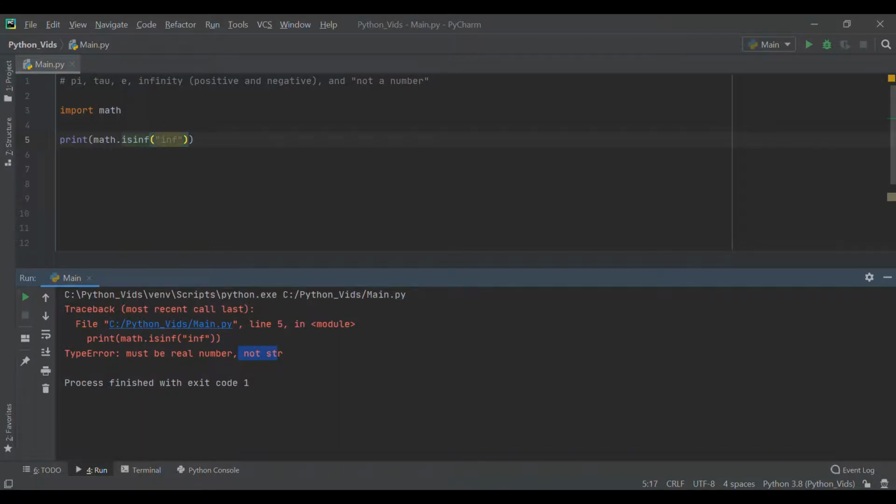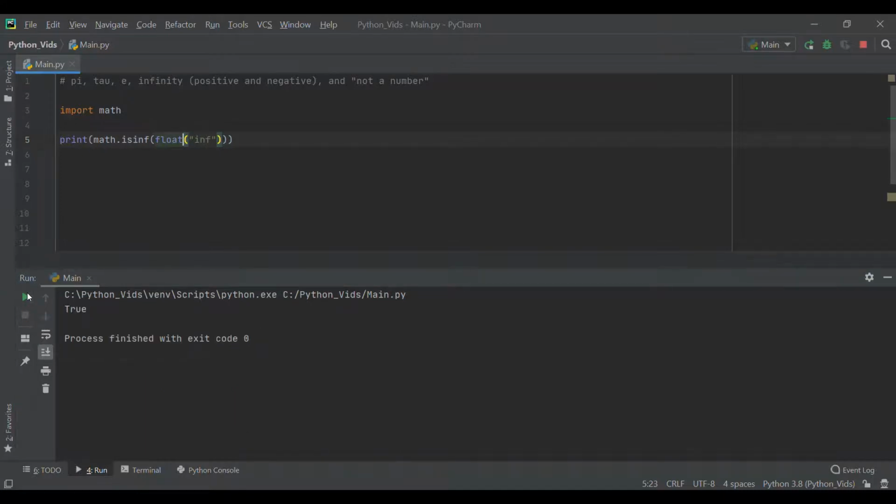So let's make our string inf into a float, float inf, and it's true. If you convert the string inf into a float and then ask, is it infinite, it prints back true, that is infinite.